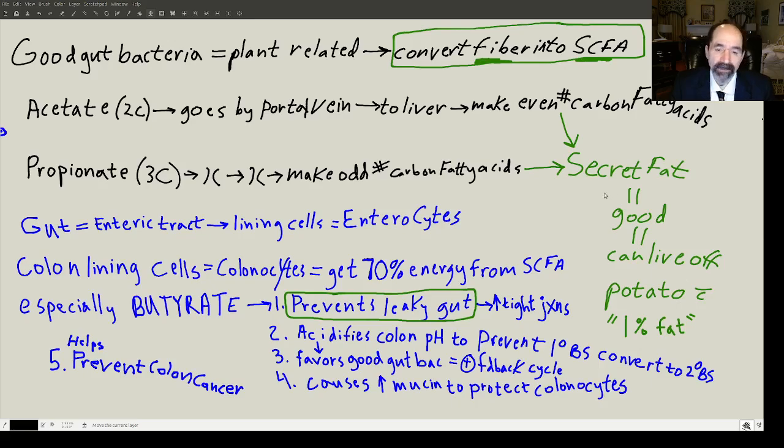Some of the dietary fiber gets converted into fat, and it's a wonderful thing because fat that comes, let's say, with meat or processed food typically has a risk of causing leaky gut, versus this fiber, which prevents leaky gut. And it also helps explain why people can live off of just potatoes, even though potatoes have only around 1% fat. And I think the reason is because they're getting a little bit of extra fat from the fiber.